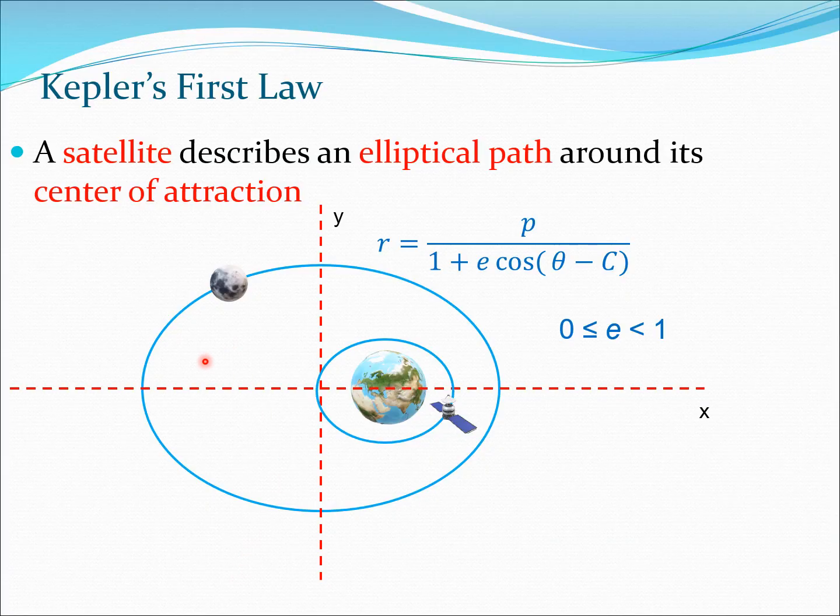So let us look at the first law. Kepler's first law postulates that a satellite essentially describes an elliptical path around its center of attraction.